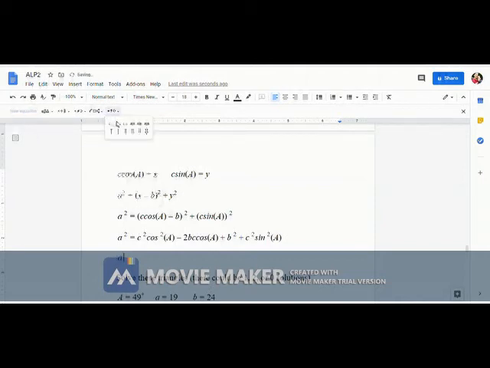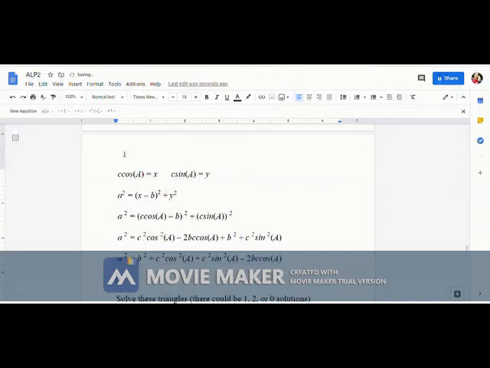So we've still got a squared on this side equals b squared plus c squared times cosine squared a plus c squared sine squared a minus 2bc cosine a.